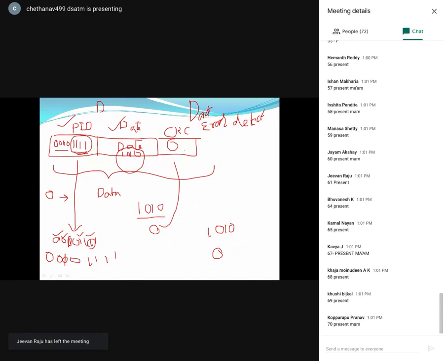Kushi. Pranav. Kritik. Lata Shekhar. Lavanya, present, ma'am. Madhusudan. Mahesh. Mahesh Yadav.